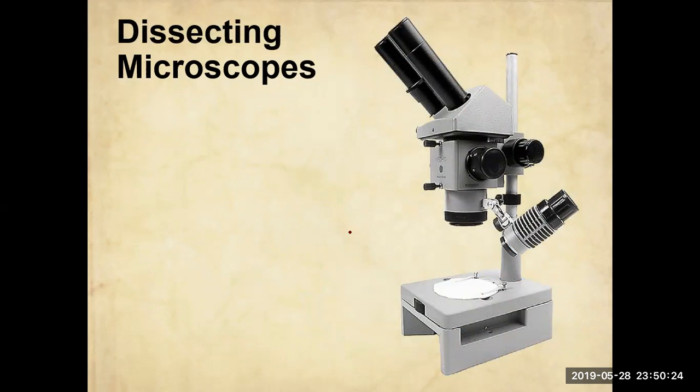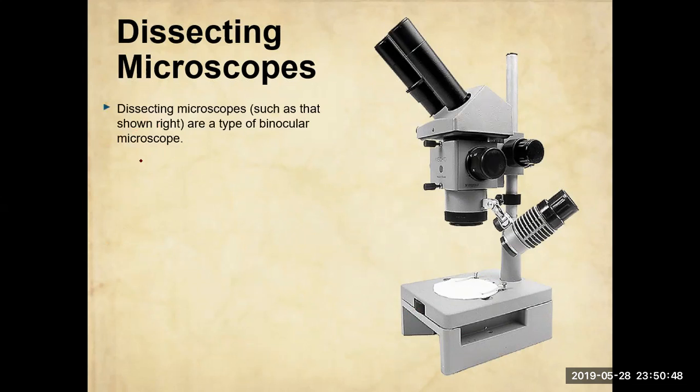So here is another type of microscope for dissection, or dissecting. The difference between this microscope and the previous one is the magnification also. You can also put very large and big samples over here because this is used for dissecting.